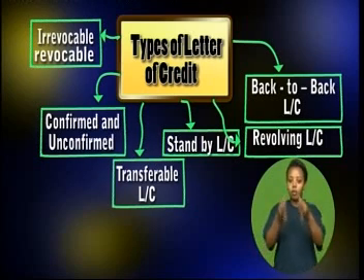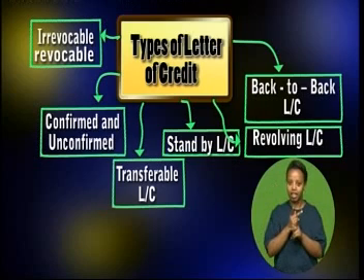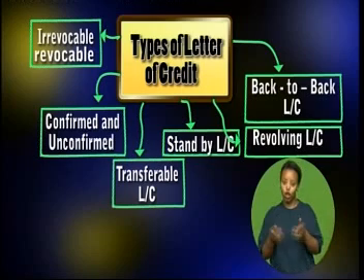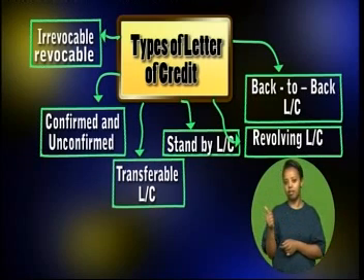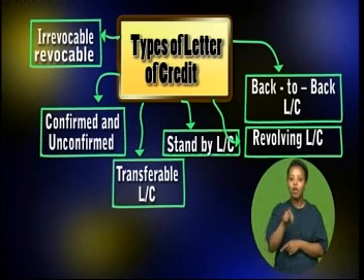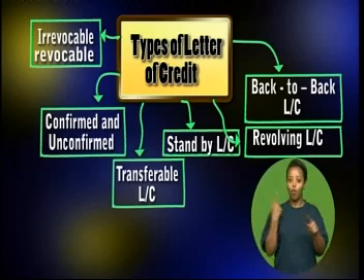A transferable letter of credit is a type of letter of credit that can be passed from one beneficiary to another. They are commonly used when intermediaries are involved in a transaction. A standby letter of credit is an assurance from a bank that the buyer is able to pay a seller.